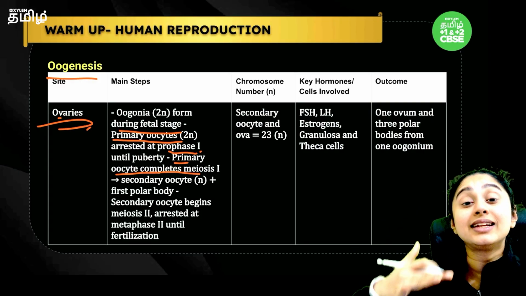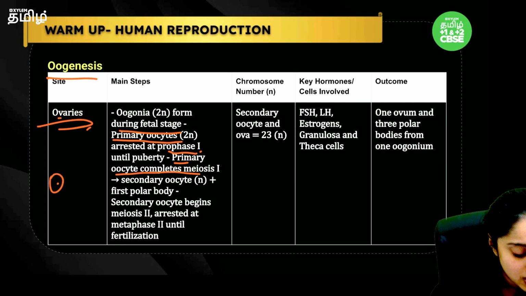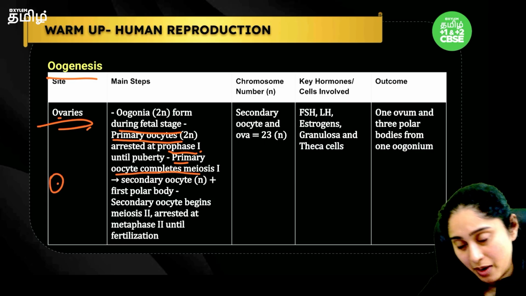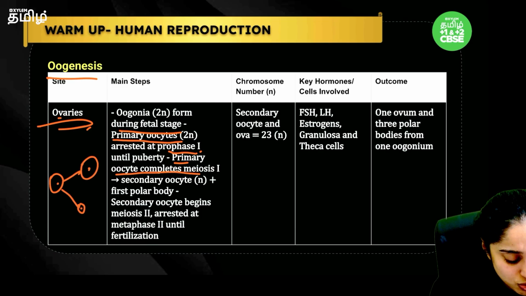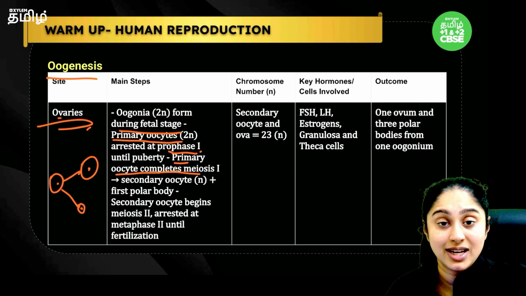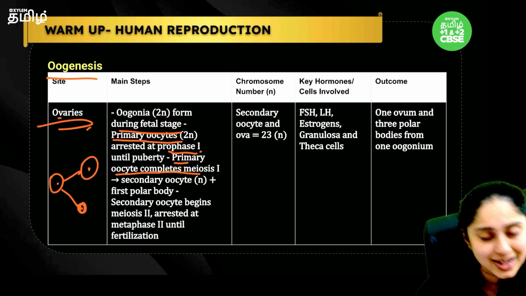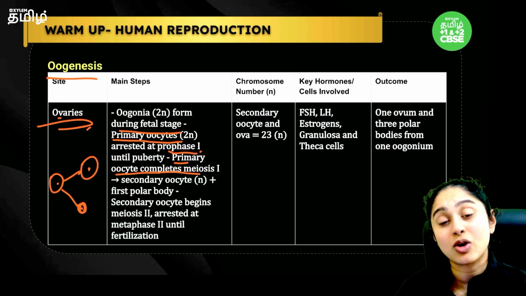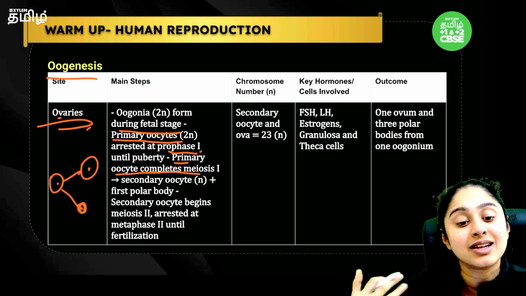Now, after releasing the secondary oocyte, it's important to note that from the primary oocyte we have one big secondary oocyte and one small polar body that does not have any cytoplasm, any nourishment. So this polar body is released just for the sake of it, because I want to retain all the bulk of the cytoplasm in the single cell.